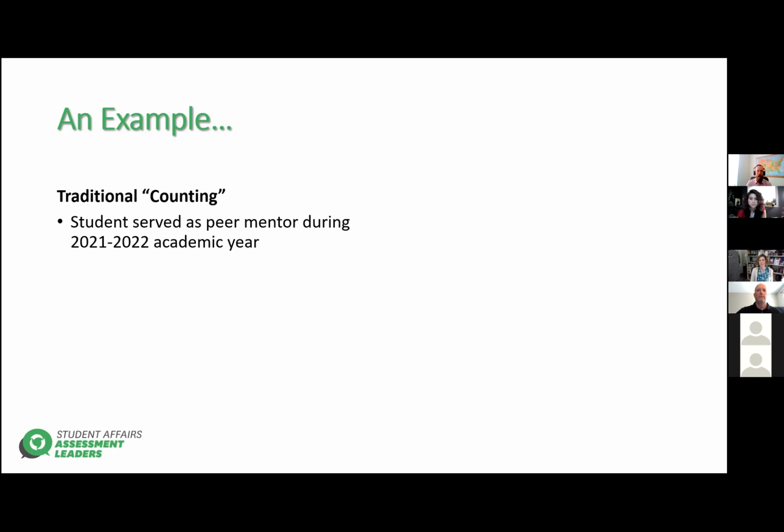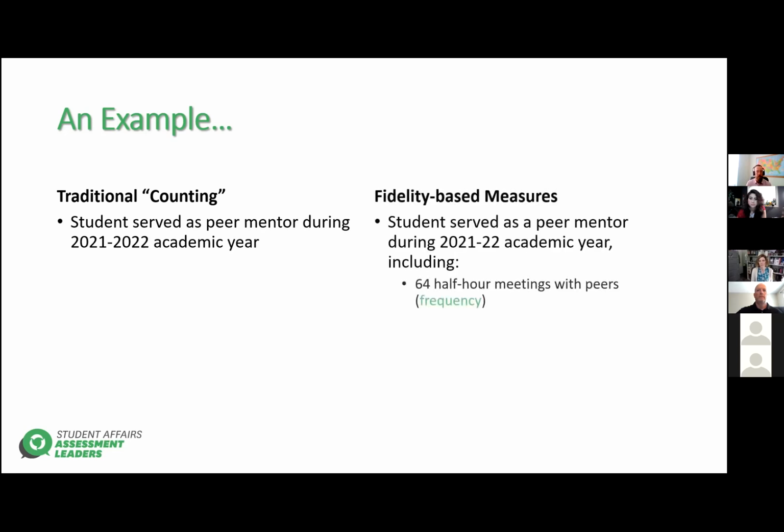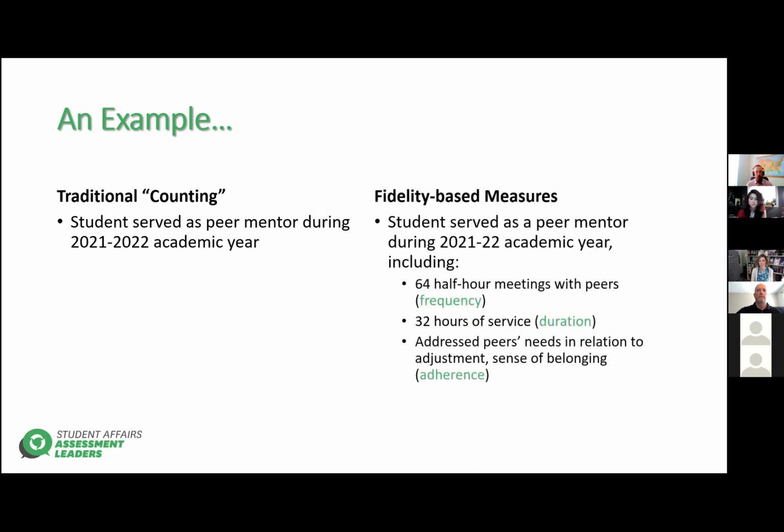But if we talk about fidelity-based measures and saying that not only did a student do these things, but that we have some indication of what that interaction looked like, and we can put some sort of meat on that, if you will, then I think that the value and meaning of that co-curricular transcript increases.